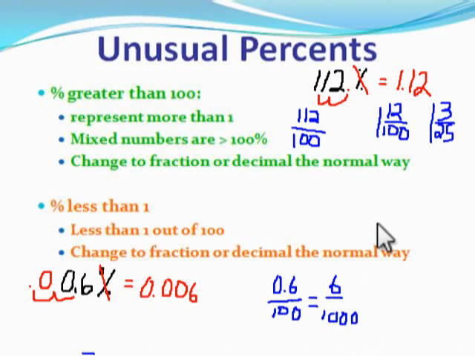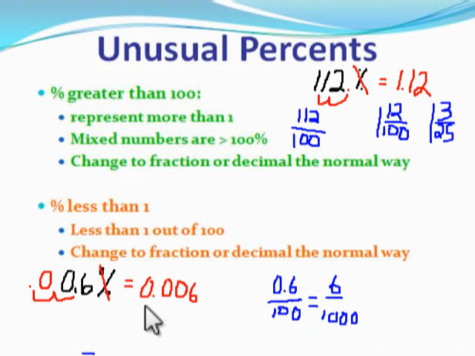Now, I want to remind you that over here we had two ways to make it into a fraction. One was to take the percent and put it over 100. The other was to start at the decimal version and read it properly. Well, the same is true here. We took our percent, 0.6, and put it over 100, and then we got rid of the decimal by moving it over, or multiplying by 10, top and bottom, and we got 6 over 1,000.